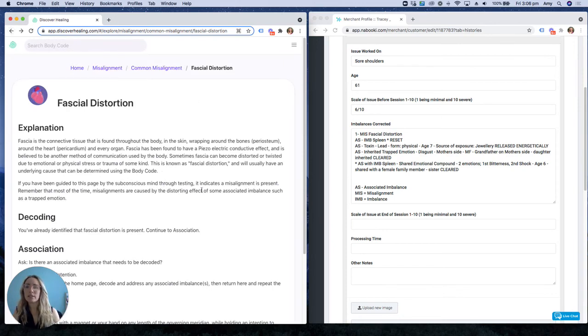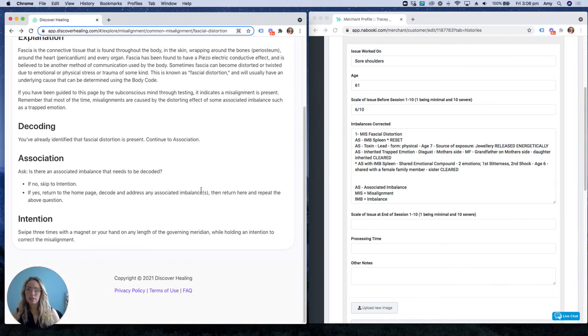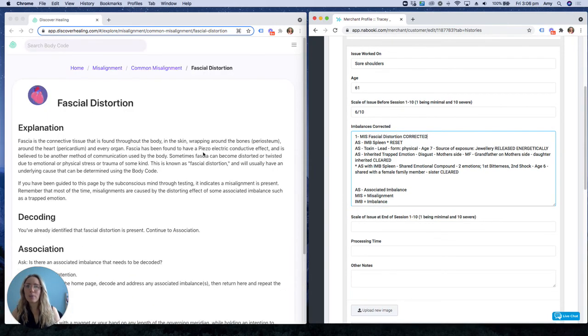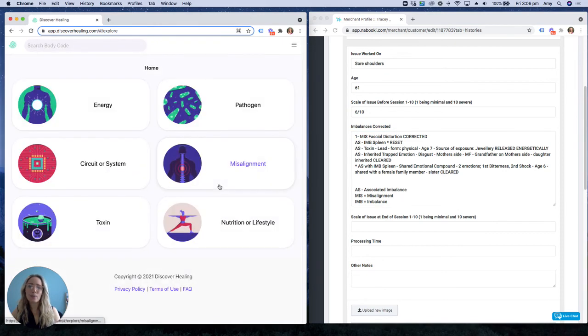So that's that connective tissue. So there's no associated imbalance there, so I'm going to correct this misalignment. Okay, so that has been corrected. So that's just a quick example of how the body code system works.